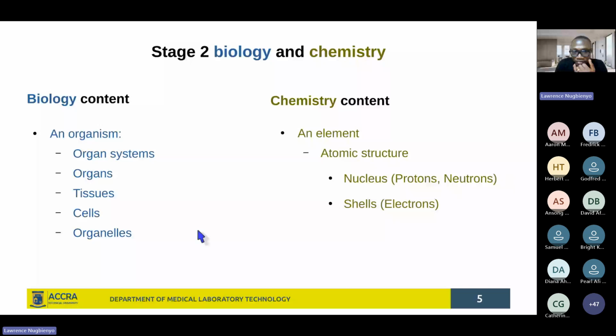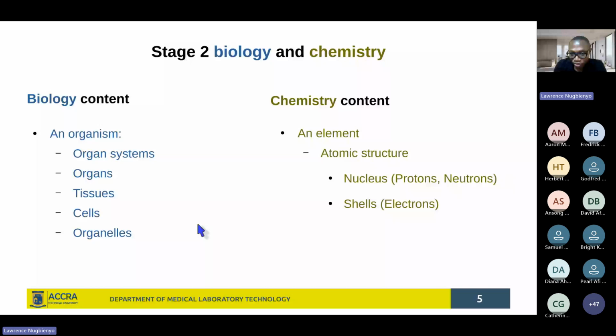Let's say in humans, for instance, the digestive system, the circulatory system, respiratory system, etc. And you then look at the organs that are in those systems. And those organs are made up of what? Tissues. And the tissues are made up of what? Cells. And then you ask, the cell is made up of what? Organelles. So you draw the cell and show the cell membrane, the cytoplasm, which is made up of the cytosol and the organelles in it, and all of that.